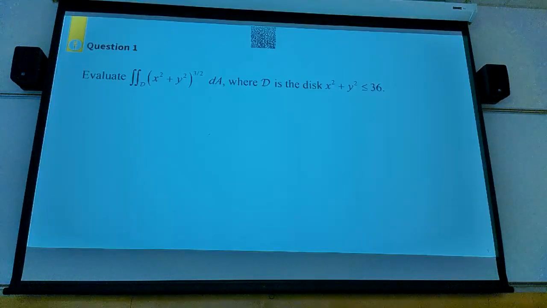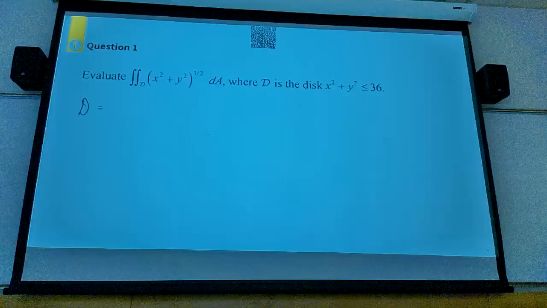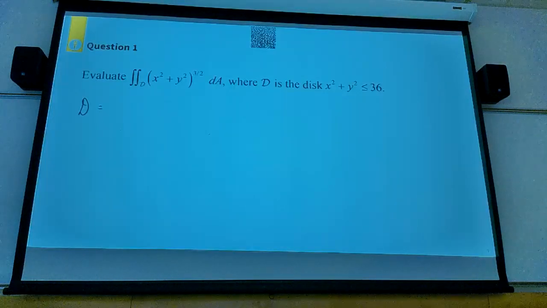I'm sorry, this cannot even be done in rectangular coordinates. We have to convert this. But if you look at the region, that's clearly easier in polar than in rectangular.